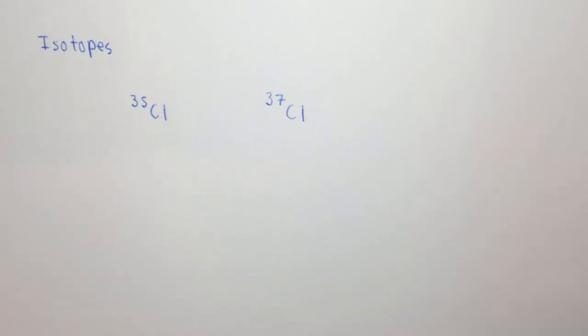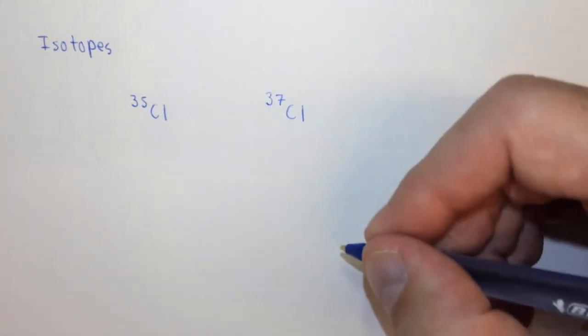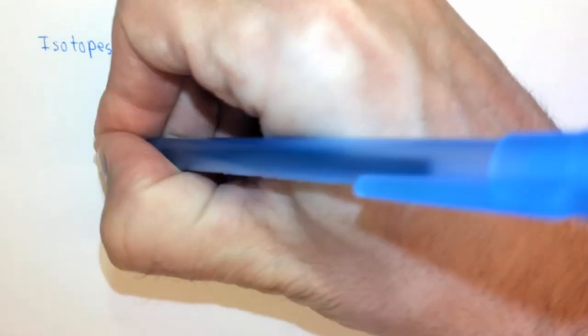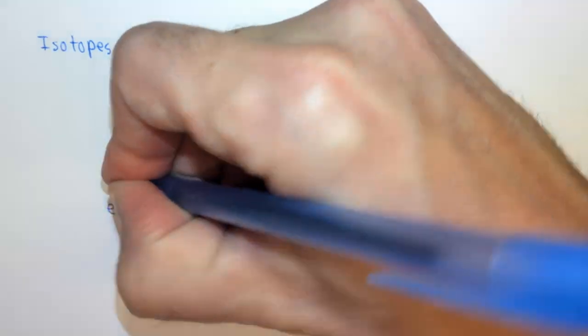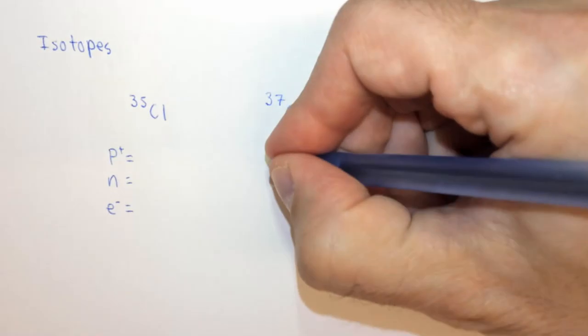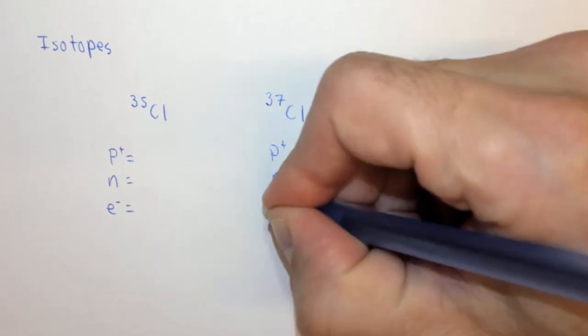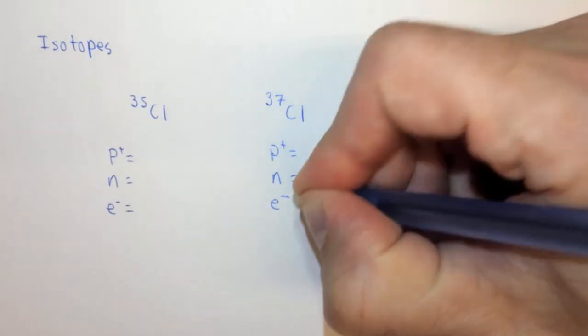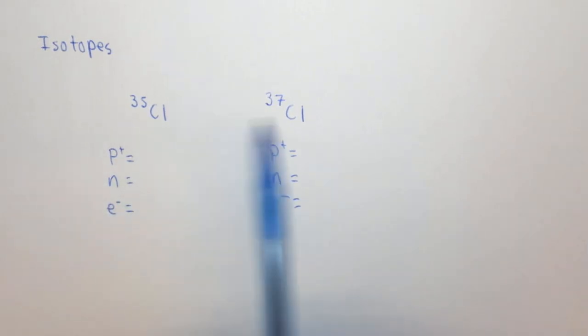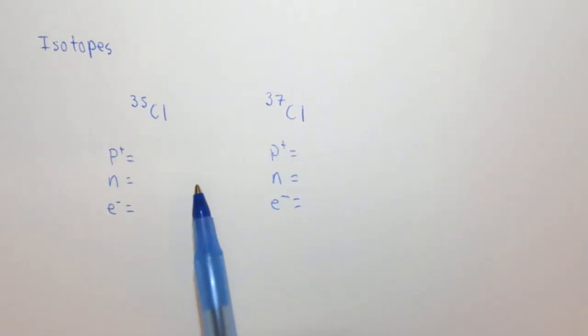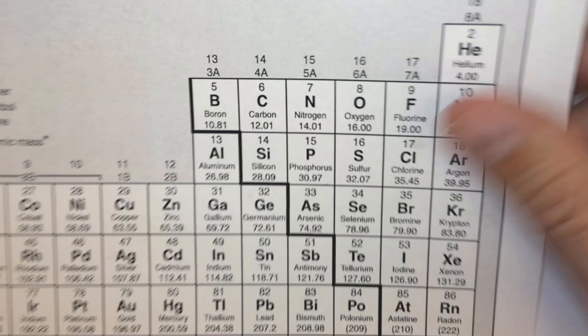So let's look at this in terms of the number of protons, neutrons, and electrons for both. In this case, the number of protons is the same because they're both chlorine. If we look at our periodic table, we already did this one, but we can look at it again.